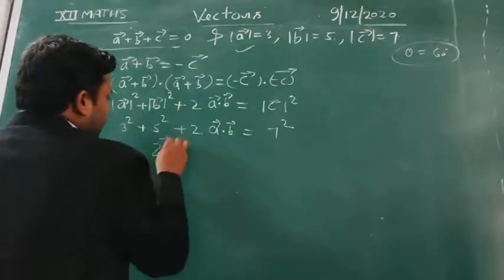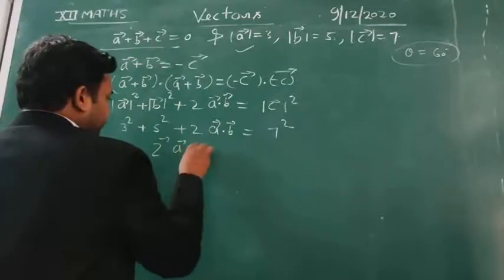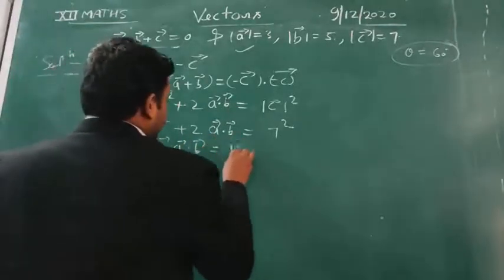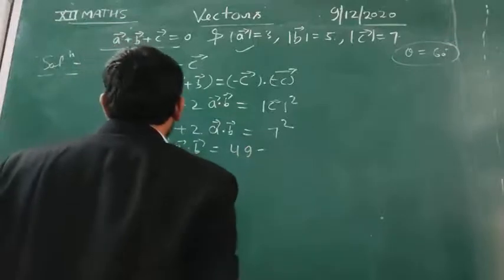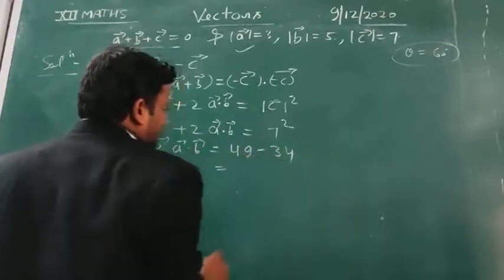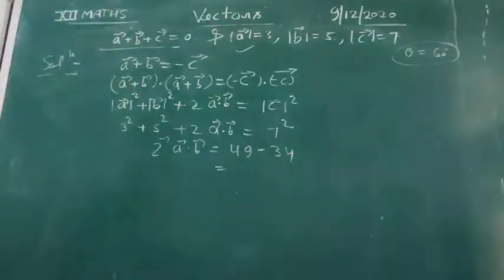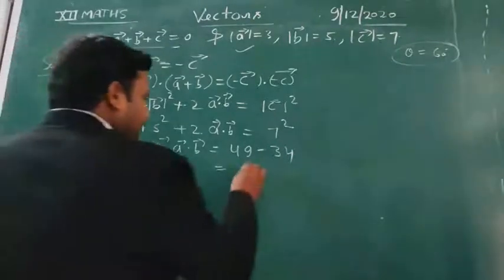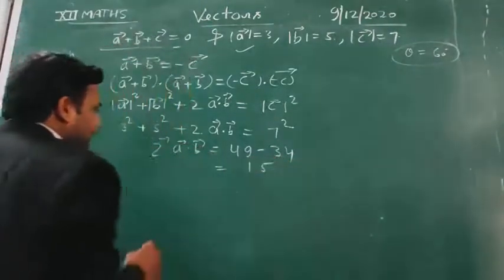So 2 A dot B is 49 minus 25 minus 9, which is 15, and from here we are getting 2 A dot B is 15.